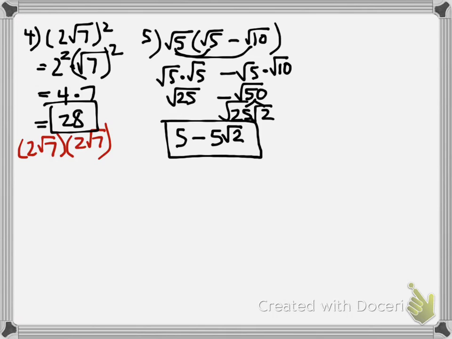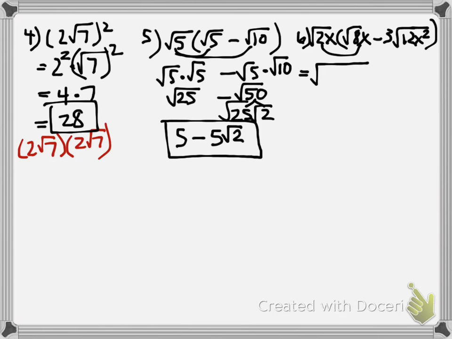Okay? What if we get a little bit bigger and we want to multiply radical 2x times the quantity radical 8x minus 3 times radical 12x squared? So now we have a lot more that we have to contend with. So I'm going to kind of break this down a little bit more than we did on the last one. So radical 2x times radical 8x is going to be radical 2 times 8x.